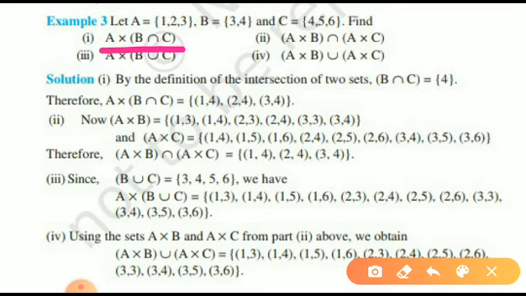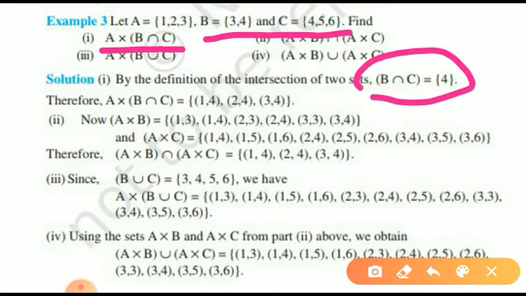So for A cross (B intersection C), first check what is B intersection C. That means the common element between B and C. So B intersection C is equal to the singleton {4}.